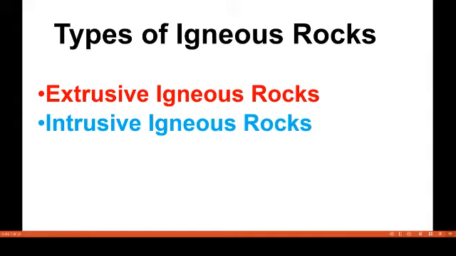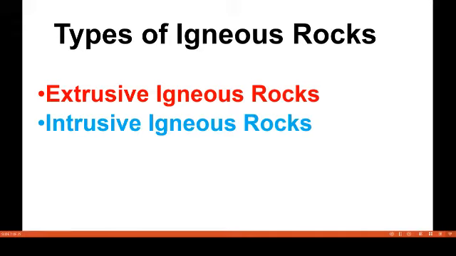Meaning, the magma, the lava, comes outside the surface and cools and solidifies. Rocks born out of such solidification are called extrusive igneous rocks.